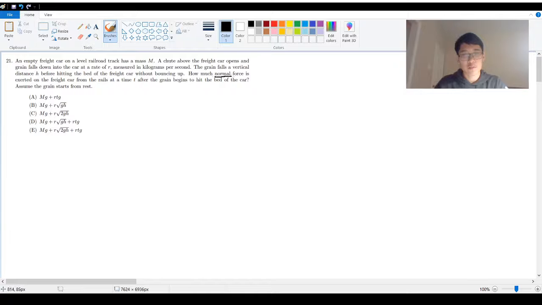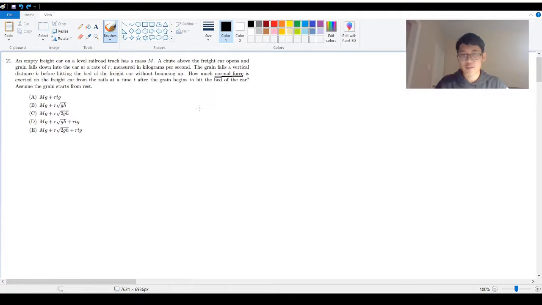So we're looking for the normal force, which is equivalent to the force on the grain by the car, right? Or just the total mass on the car plus whatever other forces the car exerts.